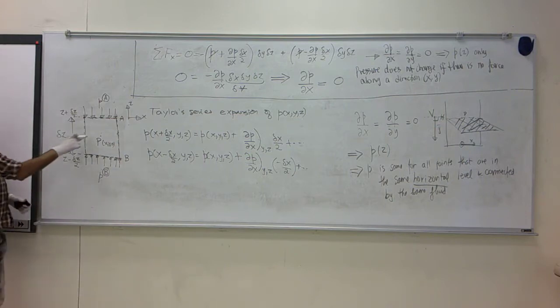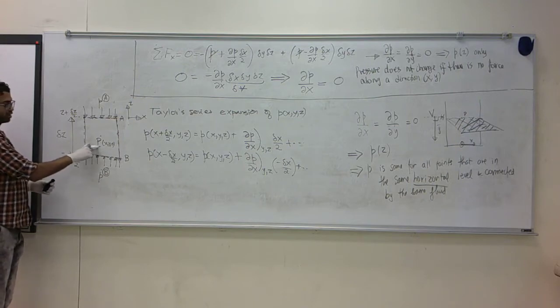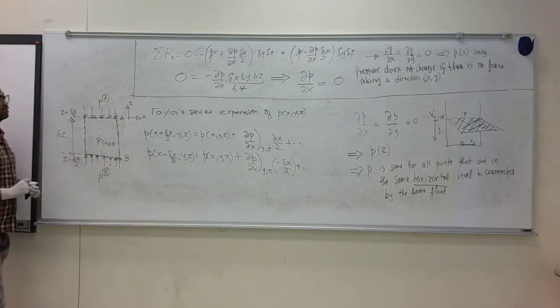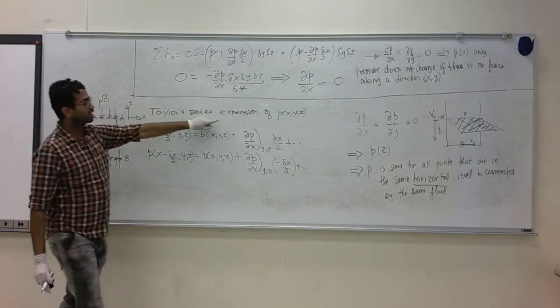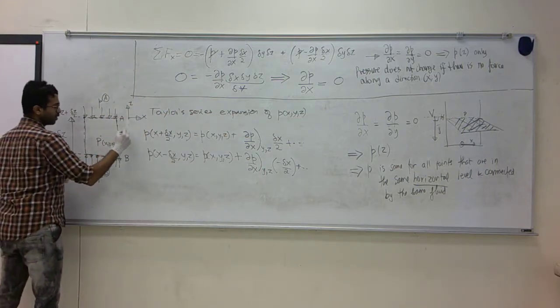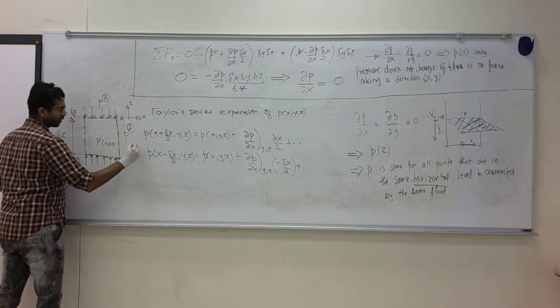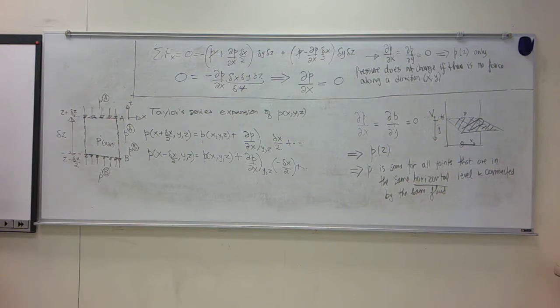Okay? The pressure at point P, which is at the center of this cube, at x, y, z, is lowercase p. So we want to write the Taylor series expansion of the pressure at surfaces A and B. So we want to write the pressure at surface A and the pressure at surface B. Okay?